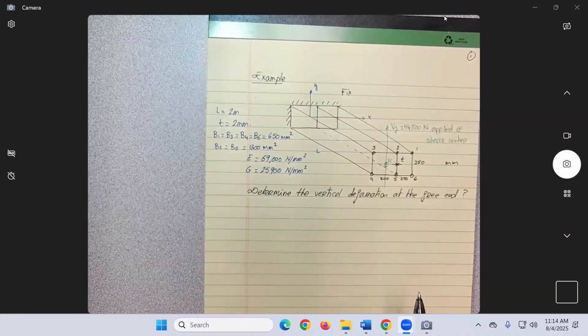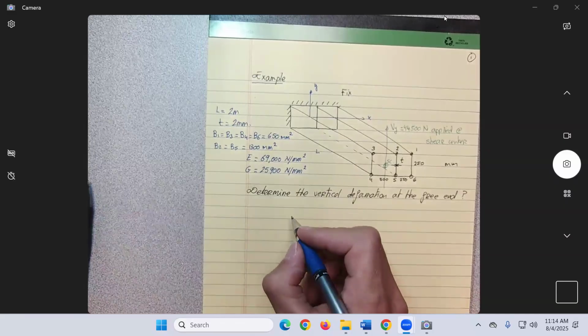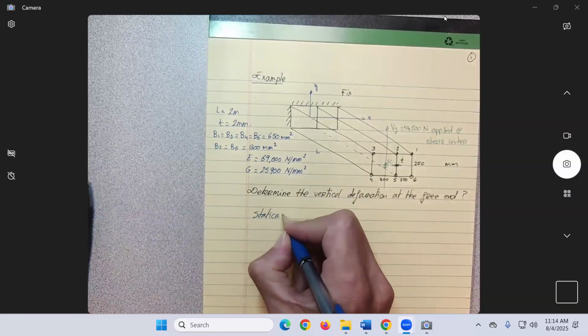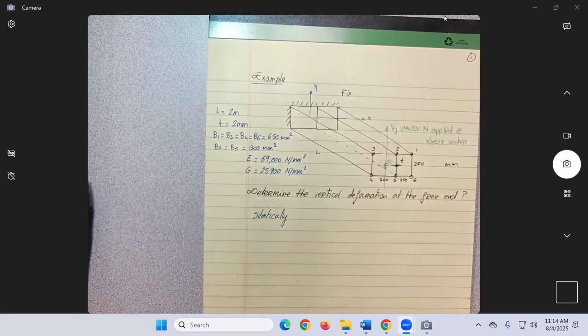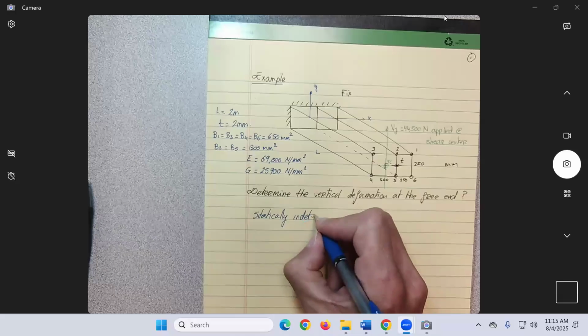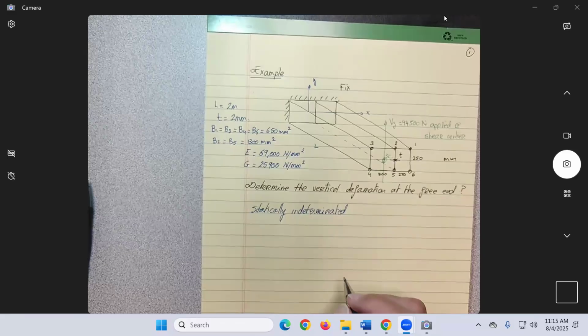Over here, first let me ask you a couple of things. Is this problem statically determinate or statically indeterminate? Indeterminate, because we have more than one cell. So what does that mean?